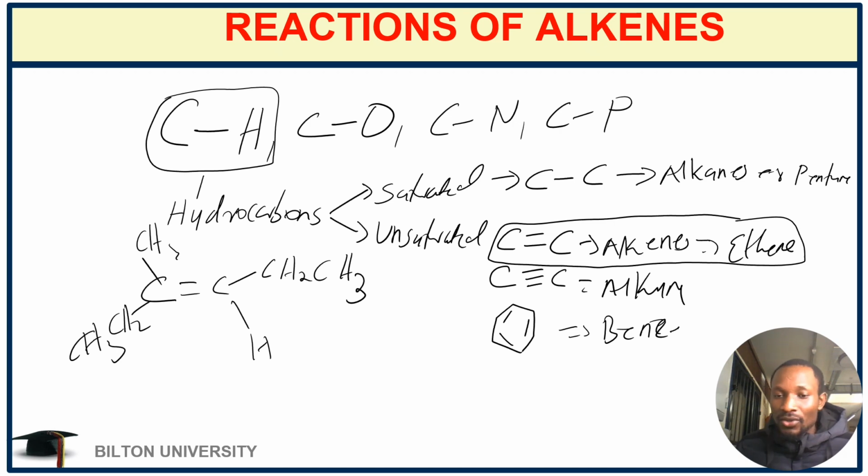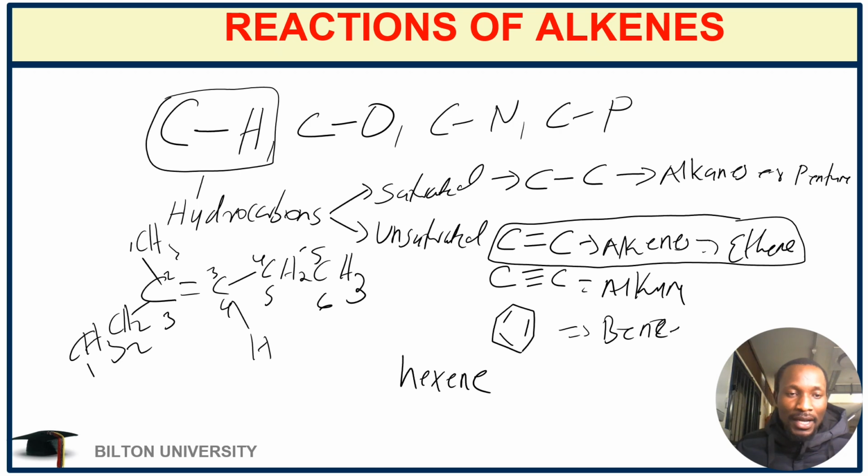The longest chain is going to give you the parent name of that alkene. For example, in this case, we can say 1, 2, 3, 4, 5, if we start from this methyl group. And if we start from this ethyl group, we have 1, 2, 3, 4, 5, 6. So the longest chain here has 6 carbons, and because it is 6, we're going to use the prefix hex, and it is going to be hexene.